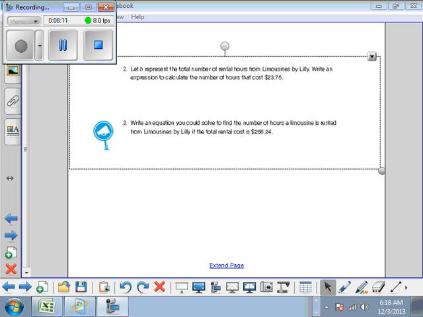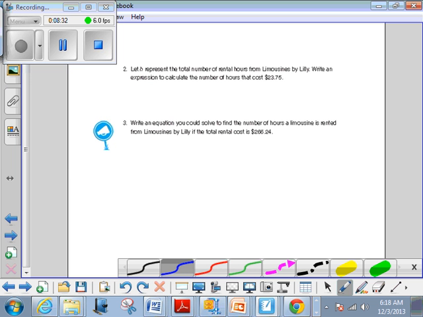So looking at problem 2, it says, let H represent the total number of rental hours from Limousines by Lily. Write an expression to calculate the number of hours that cost $23.75. So how many of the hours cost $23.75? It's all of the hours except what? Except hour 1.